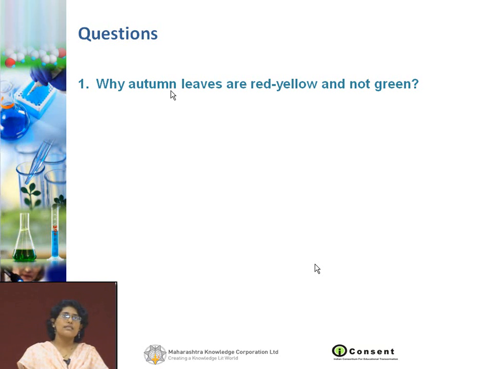Then we have also seen that leaves have certain openings on the lower side. These are called stomata. Through stomata, gaseous exchange takes place. As these are openings, through these openings water will also evaporate from the cells. So there will be loss of water through the stomata. If water is not available through the soil, plants cannot afford to lose their water content in the form of vapors.